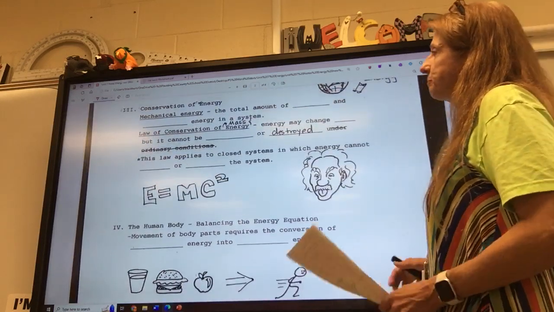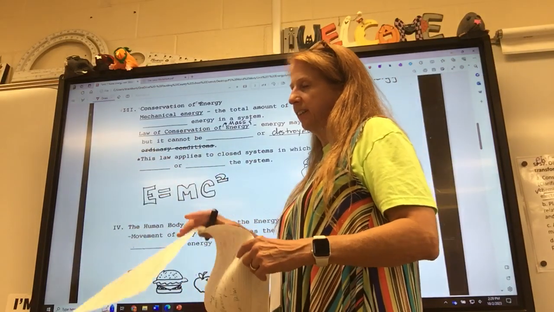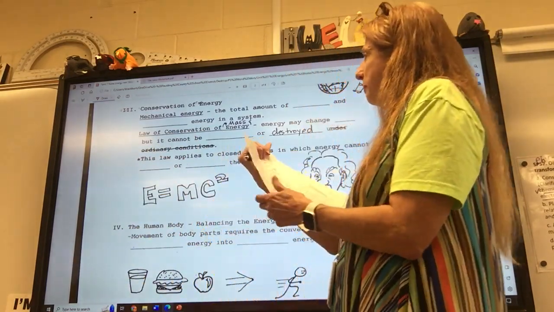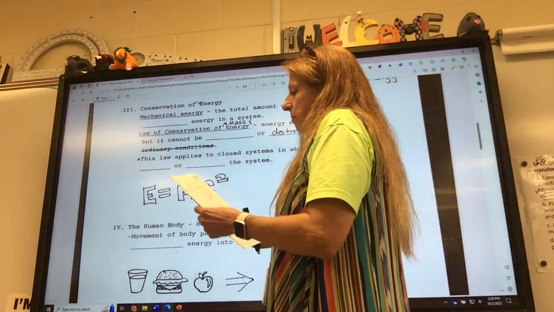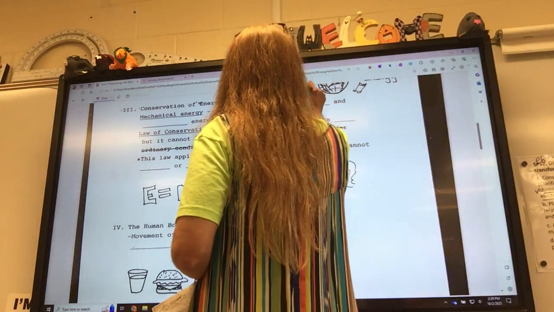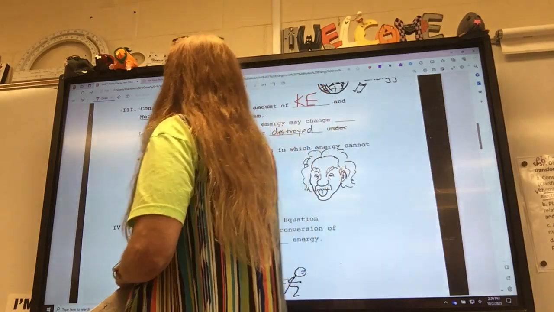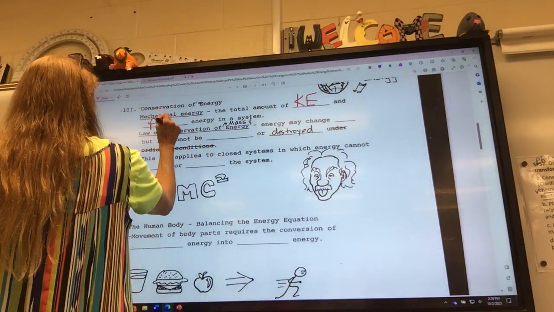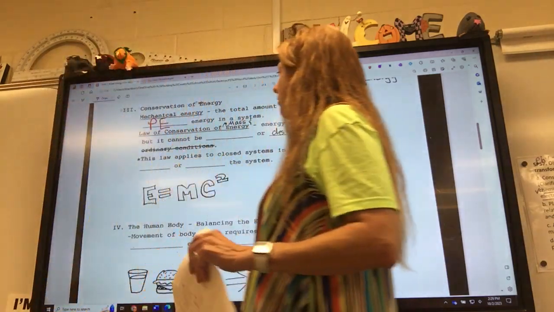Okay, one down. Conservation of energy, and this is where it ties into our chemistry we've been learning. Mechanical energy is the total amount of kinetic energy and potential energy together in the system.